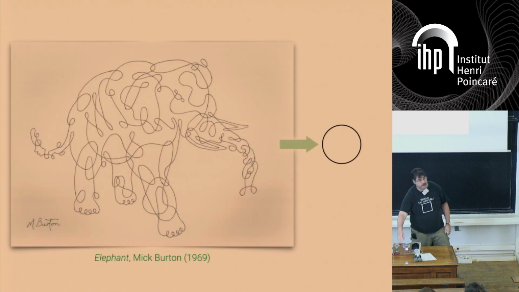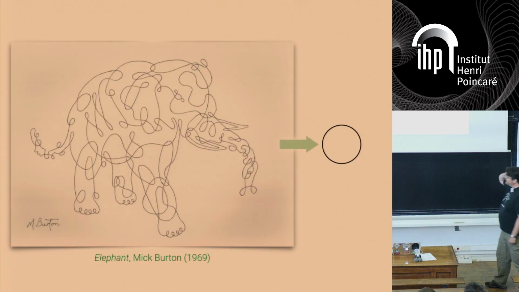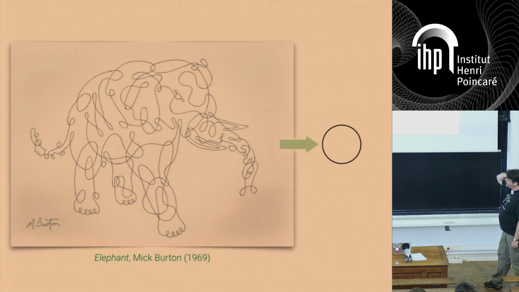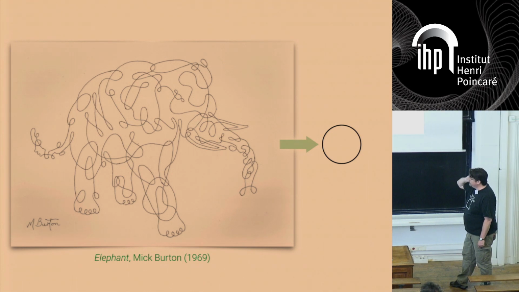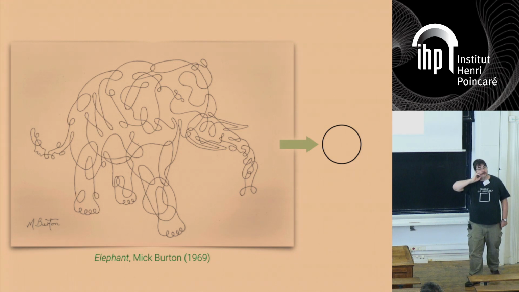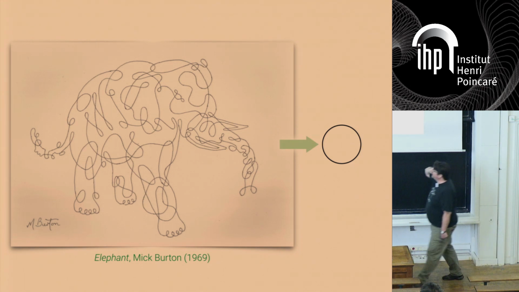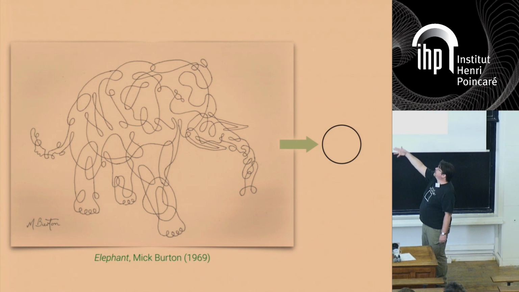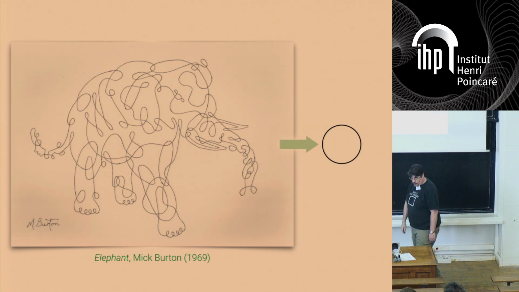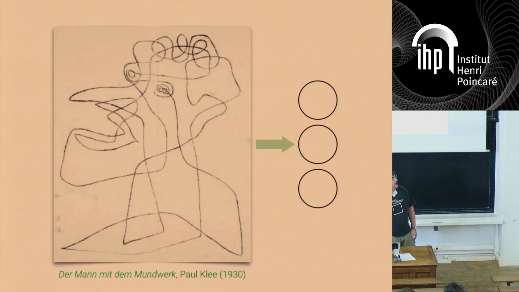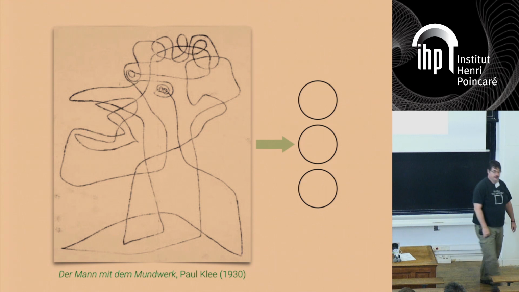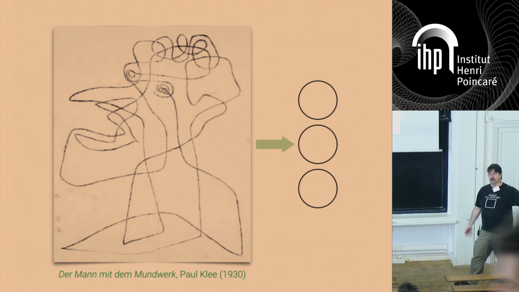So if I start with this complicated picture of an elephant, thanks to a Scottish artist named Mick Burton who likes to draw things with one continuous closed line, I can transform continuously this elephant into a circle. Of course, Mick Burton is not the first to do this, but I couldn't find an earlier example that only went to one curve. So you can also take multiple curves.